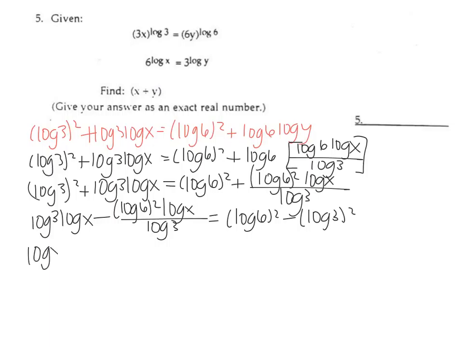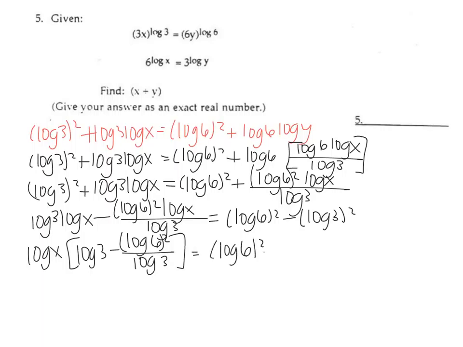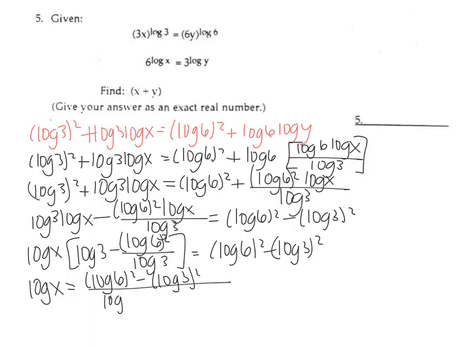Factoring out a log of x, I get log of 3 minus log of 6 squared over log of 3, which equals log of 6 squared minus log of 3 squared. Okay, so this will give me log of x equals log of 6 squared minus log of 3 squared all over log of 3 minus log of 6 squared over log of 3.